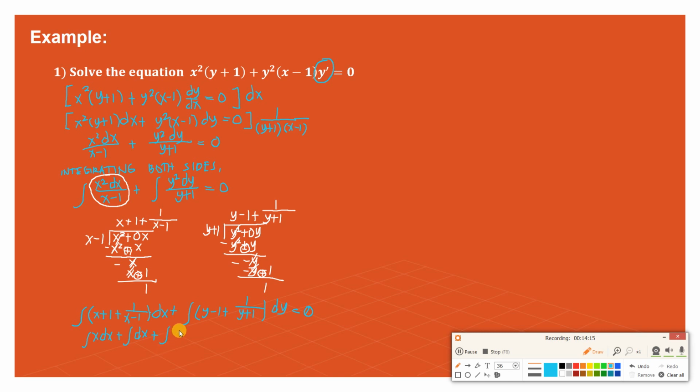Plus integral of dx over x minus 1 plus same thing with the other or the second term, y dy minus dy plus dy over y plus 1 equals still 0.